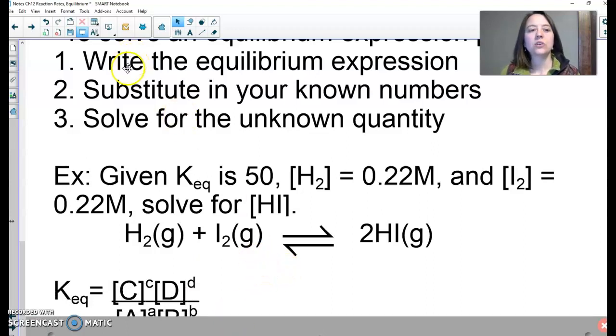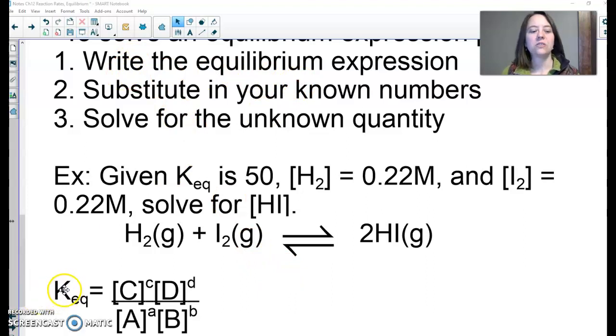The first thing we're going to do is write the equilibrium expression. So please write this down. KEQ equals this expression, and then we'll sub in our numbers. Our product is hydrogen iodide, which is here, and we're solving for that.